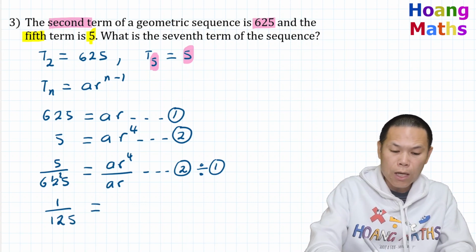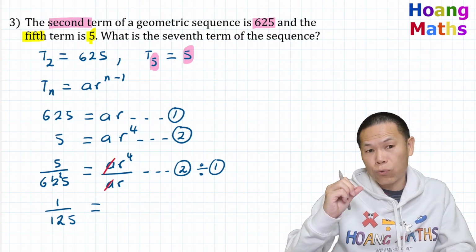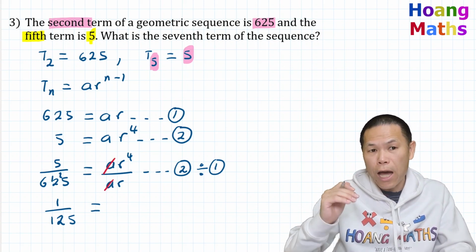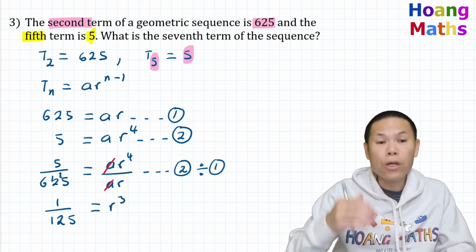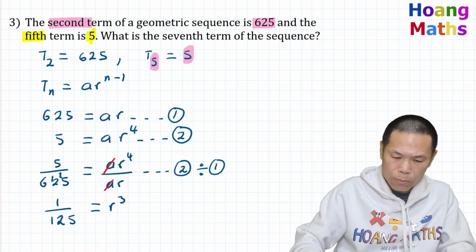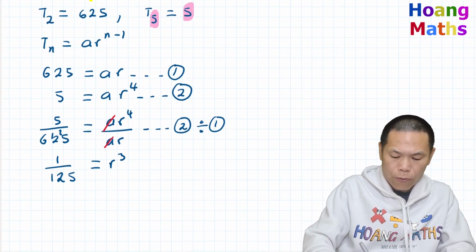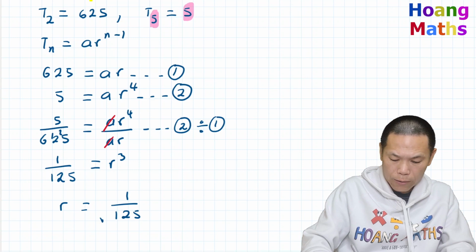So that will give me, on this side here, we cancel. So R power 4 divided by R gives me R power 3. So R power 3. So if I take cube root on both sides, so let me just move this up a bit. So therefore, R is equal to cube root of 1 over 125.